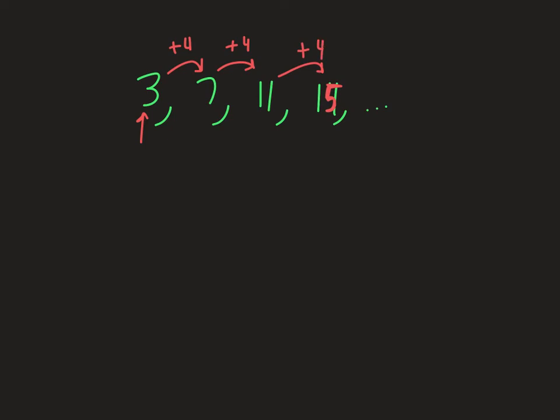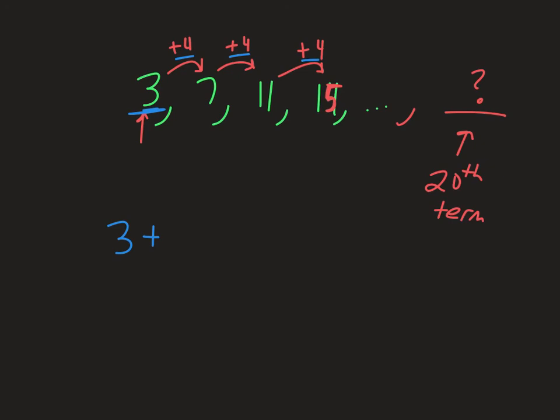The concept is, what if we want to get a term way out here, and we don't want to continue the pattern? Let's say we want to find the 20th term. What that new formula was basically saying was, in this pattern, we're starting with 3, and we are adding 4 each time.